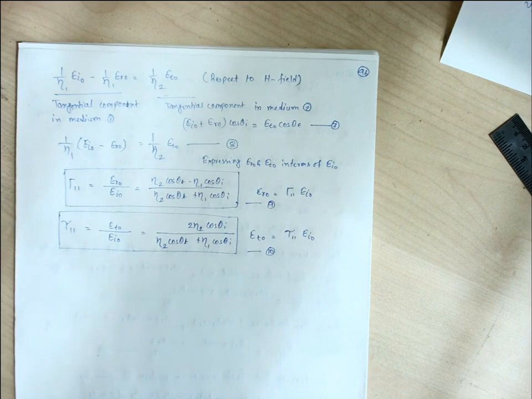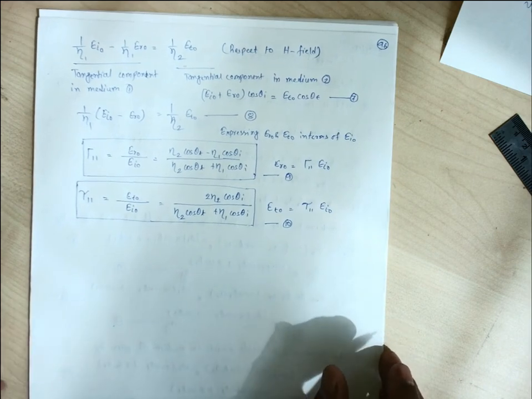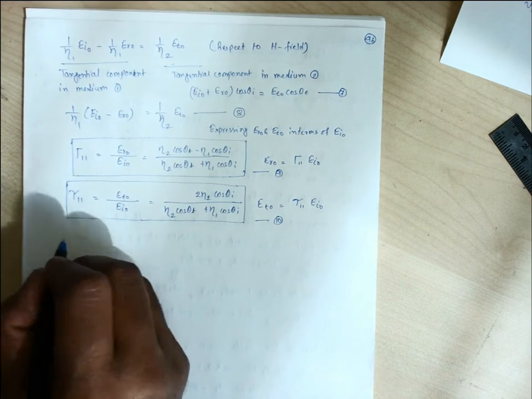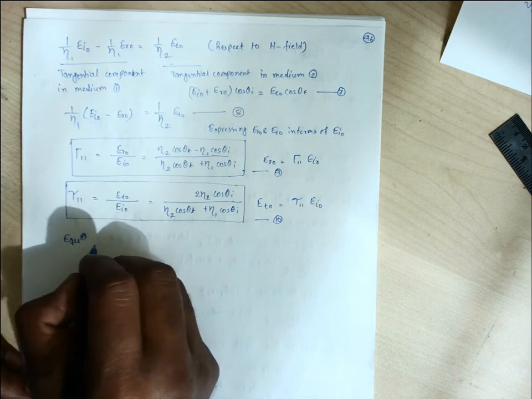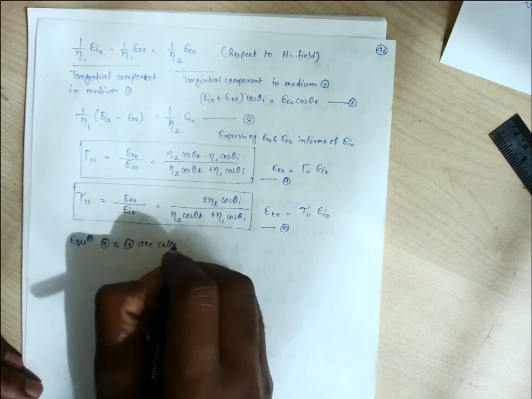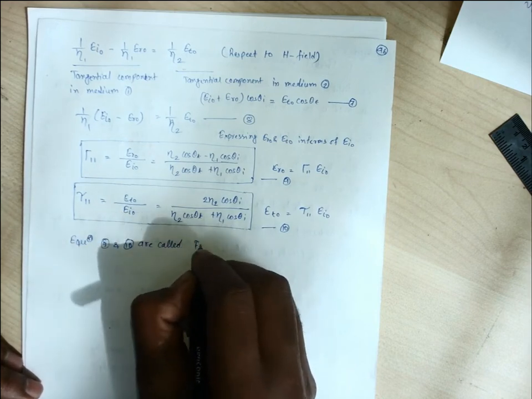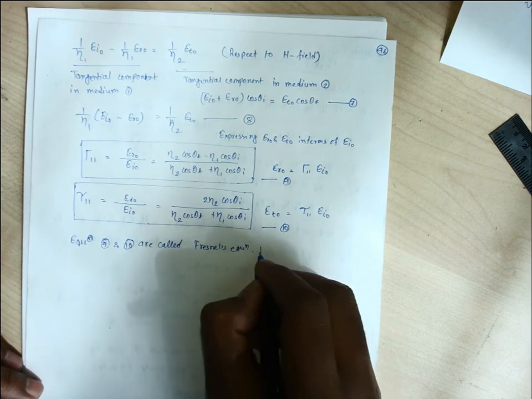So these equations 9 and 10, I hope they are known to you. These equations are known as Fresnel's equations. So here, if we put theta I is equals to theta t, then we can get the values same as whatever we found for the normal incidence. Equations 9 and 10 are called Fresnel equations.